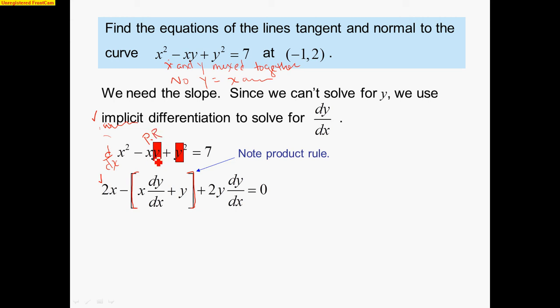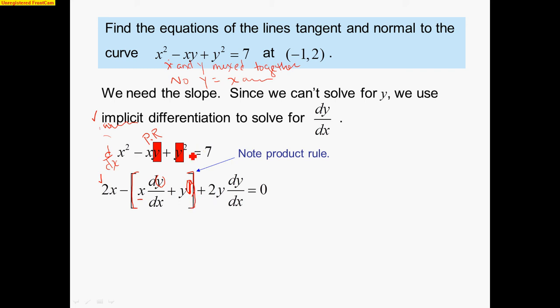The product rule never changes. The first function times the derivative of the second function plus the second function times what? What's missing here? That's right, the derivative of x with respect to x, which is just 1. So that's y times 1.